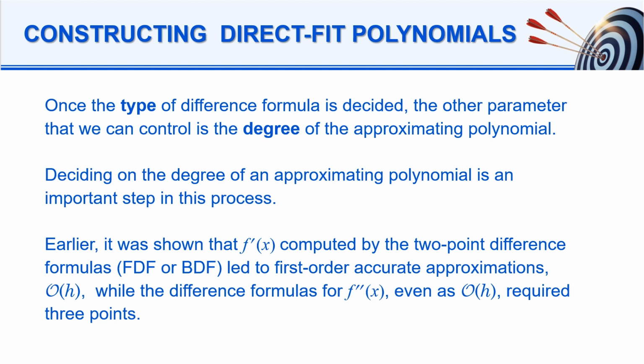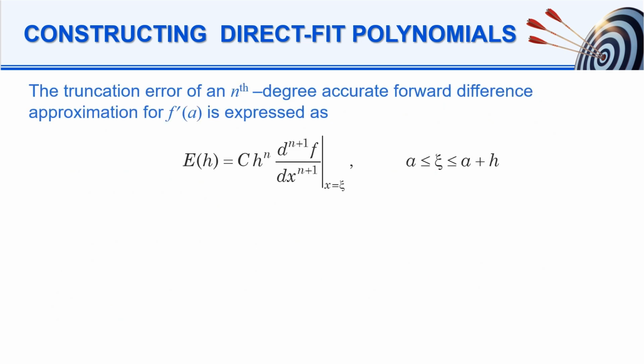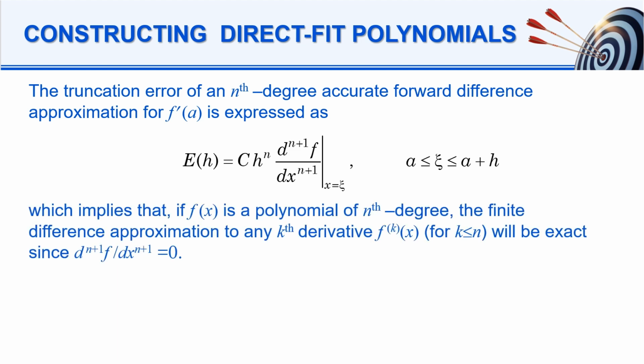The truncation error of an nth degree accurate forward difference approximation for f'(x) is expressed as follows, which implies that if f(x) is a polynomial of nth degree, the finite difference approximation to any kth derivative, for k less than or equal to n, will be exact since the n plus 1th derivative is 0.